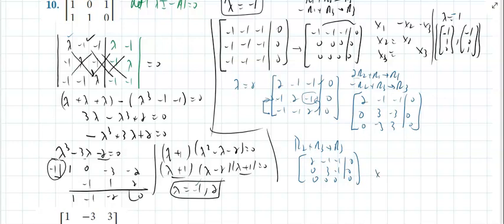So here we have x3 is free. x2 is x3 as well, and 2x1 equals x2, which is x3 plus x3, which is 2x3. So x1 is x3 as well. So lambda equal 2 corresponds to the vector 1, 1, 1.